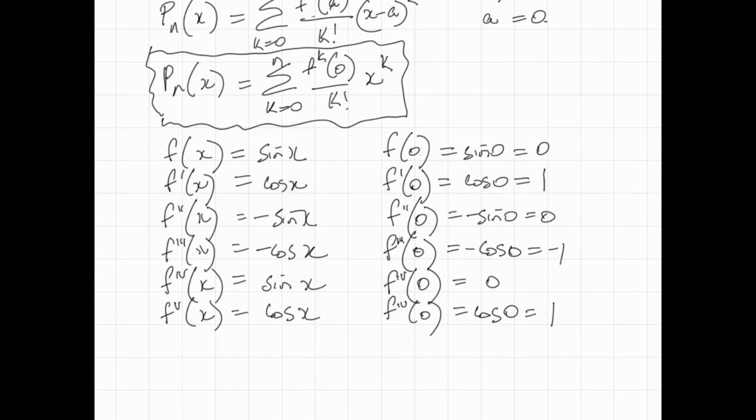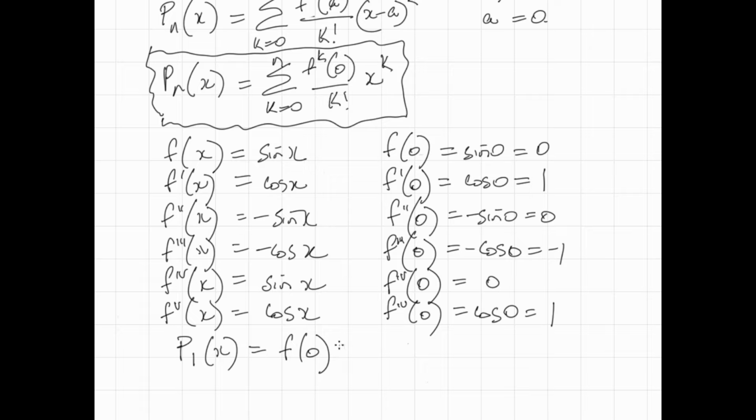Okay, so let's put it together now. We want the first polynomial, so P1 of x is the sum of these from k equals 0 to k equals 1. When k is equal to 0, we simply get f of 0, and 0 factorial is 1, and x to the power of 0 is 1.